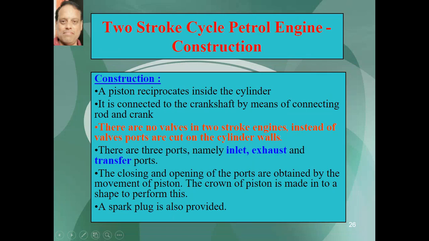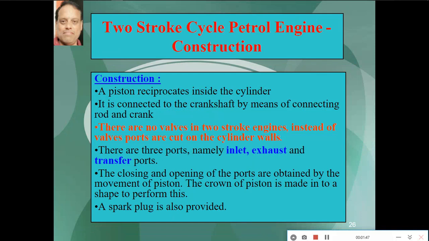The construction of this 2-stroke engine is going to be dealt with here. When we talk about the construction of the 2-stroke engine, a piston reciprocates and the piston is connected to the crankshaft by means of a connecting rod.